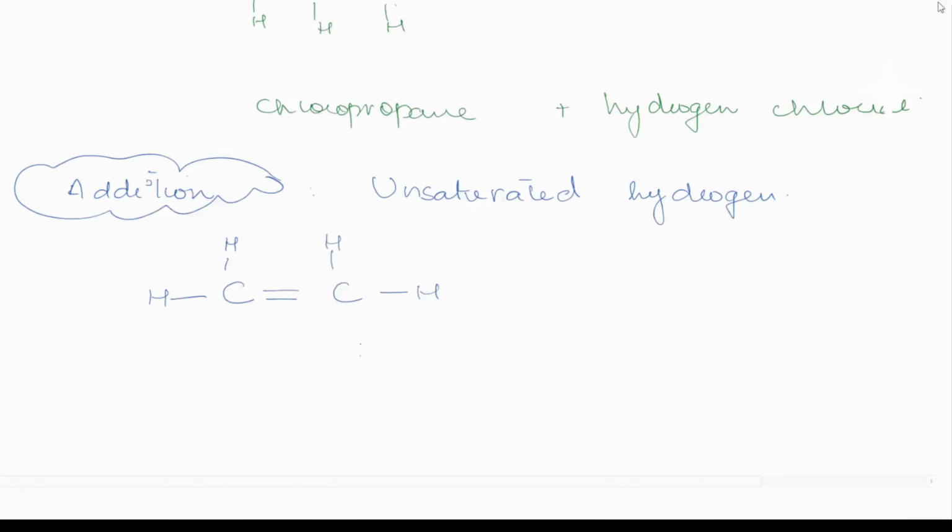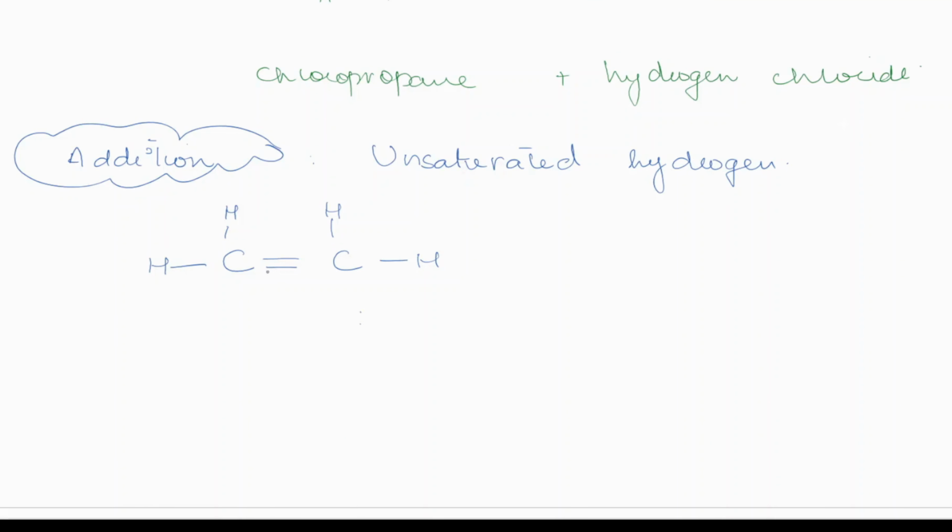Now we have a space over here. Because of this double bond, we have space to add something. Let's add fluorine. I'm not adding bromine because I need to tell you something about it. Shall I tell you the detail, like what is meant by space?